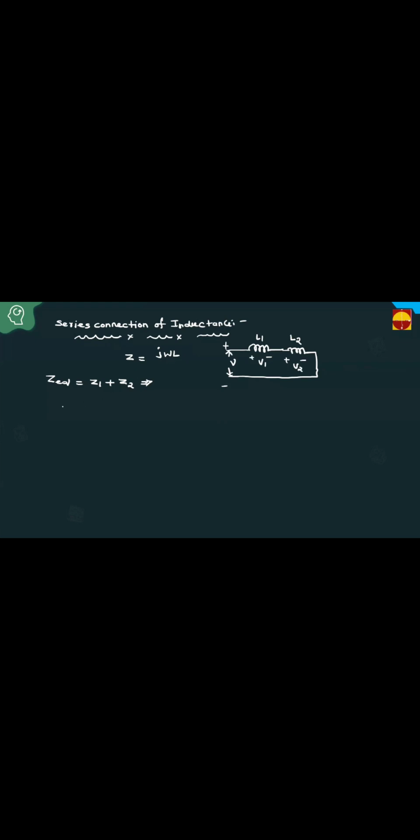Replacing Z equal to j omega L, j omega L equivalent equal to j omega L1 plus j omega L2. Take j omega common, then L equivalent equal to L1 plus L2. Simply you can get it like this. This is the concept. To explain this, I am taking the impedance concept. L equivalent equal to L1 plus L2.